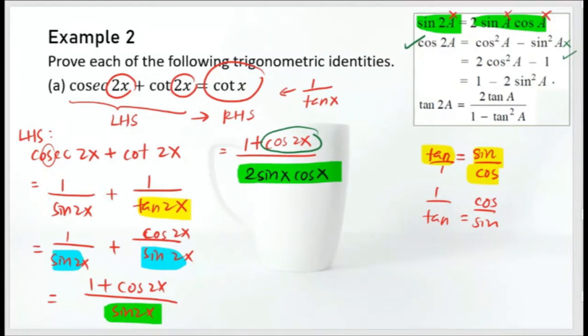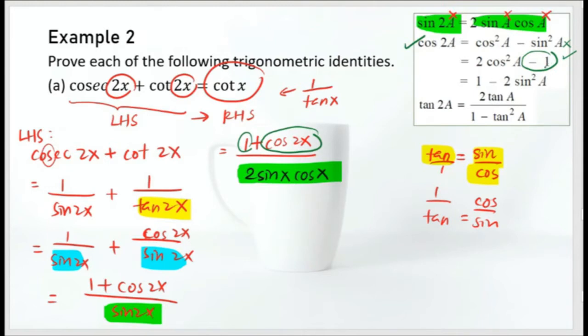But why don't we choose the third one? Because of the negative one. Why do we want to choose the second? Because we can substitute it so that it becomes 1 plus 2 cos squared x minus 1. 1 minus 1 becomes 0, so it can be simplified. If we choose the third one, it will become 1 plus 1, which gives 2, and it will be more complicated than the second formula.